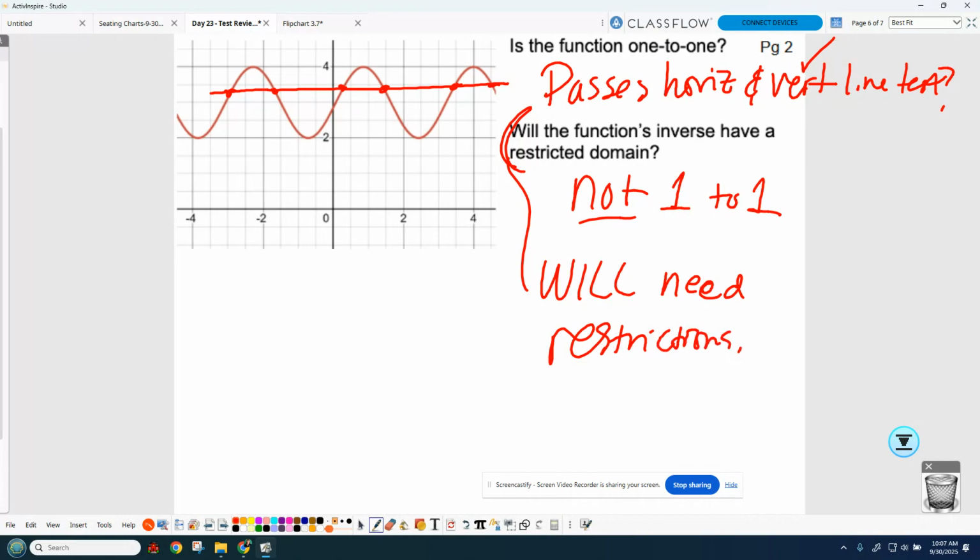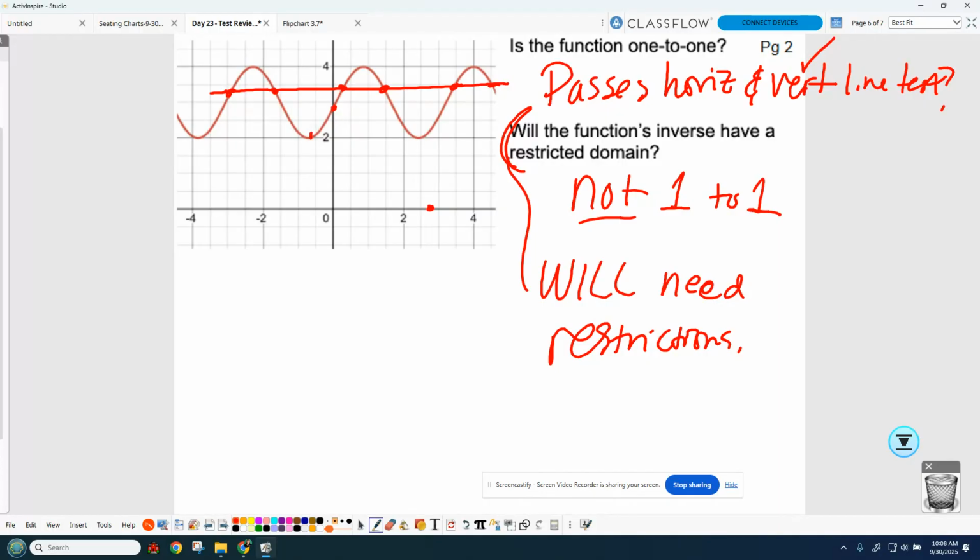Okay, guys, can we talk about this for a second? If a function is not one-to-one, we need to make restrictions on it. Because what an inverse is, you guys said yesterday, you trade the x and the y. So this coordinate (2, 7) is going to be (7, 2), so that point goes here.